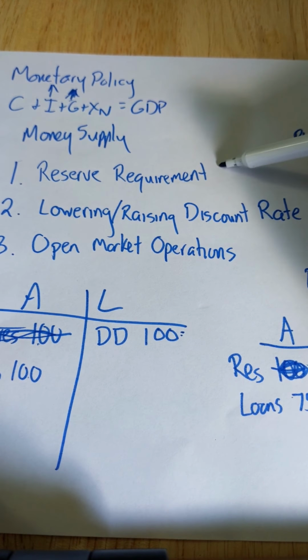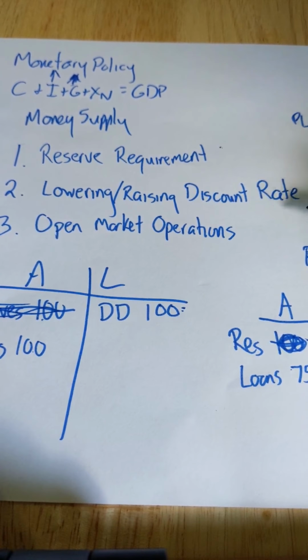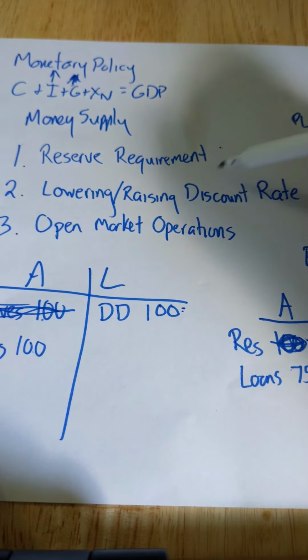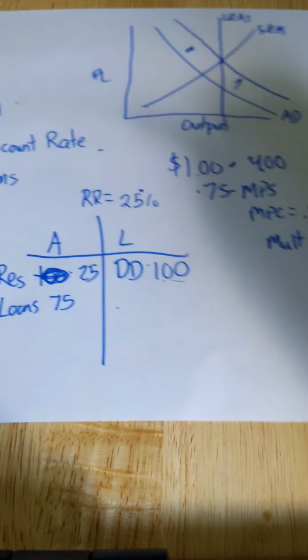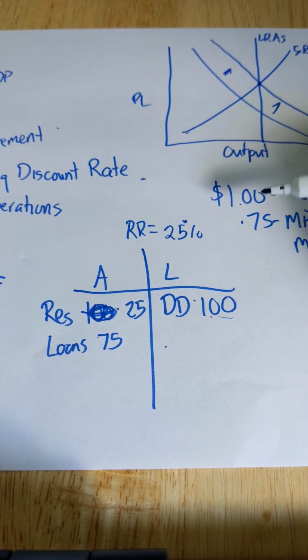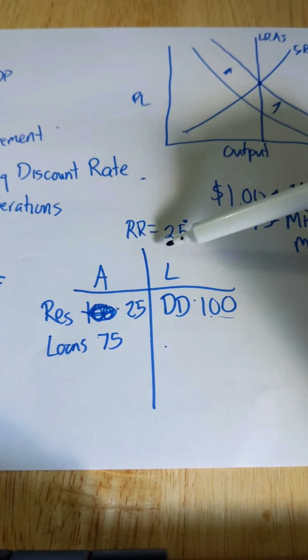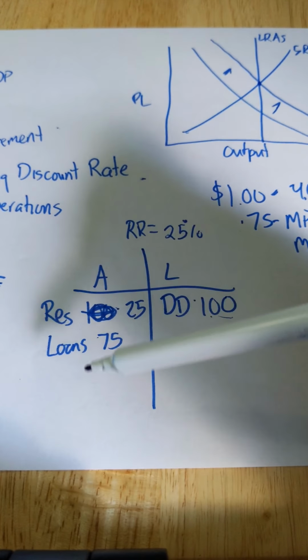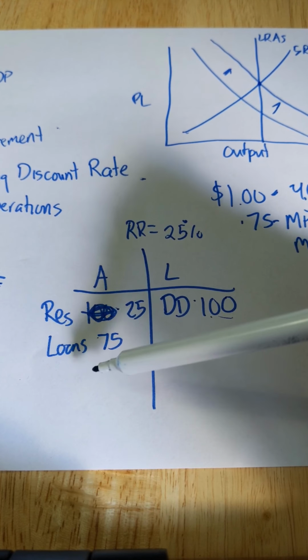Which would be lowering the reserve requirement, lowering discount rates, which is the rate at which the Fed loans to these banks. So, for example, instead of messing with the reserve rate, the Fed would just give a loan to this bank.